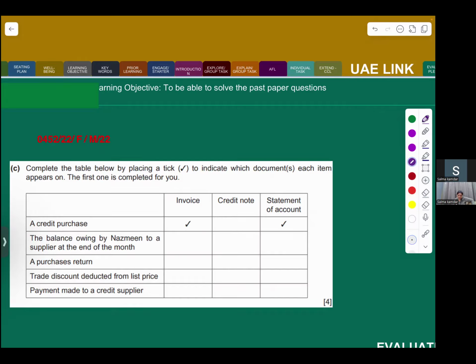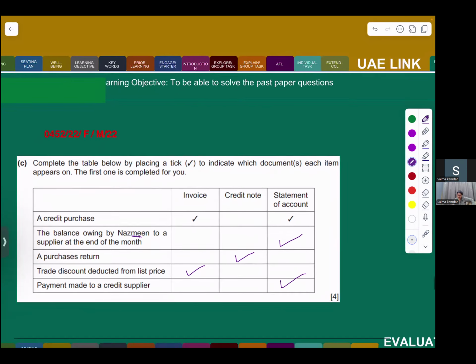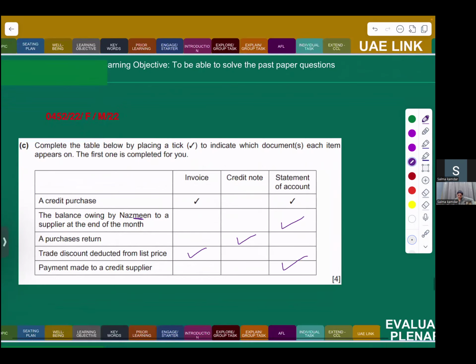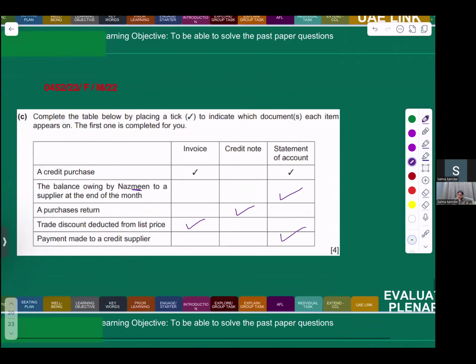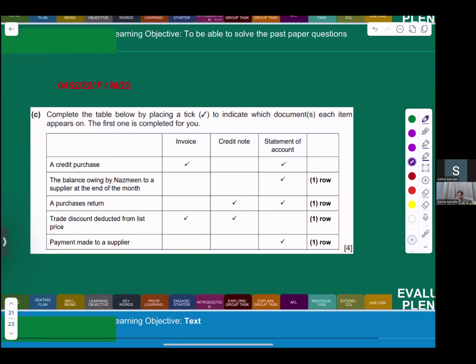Balance owing by the customer to the supplier at the end of a month would come in the statement of accounts. Purchase return, credit note. Trade discount deducted from the list price would be in the invoice, and the payment made to a supplier would come in the statement of accounts. A purchase return would also come in the statement of accounts.